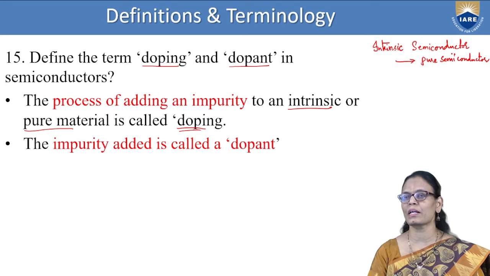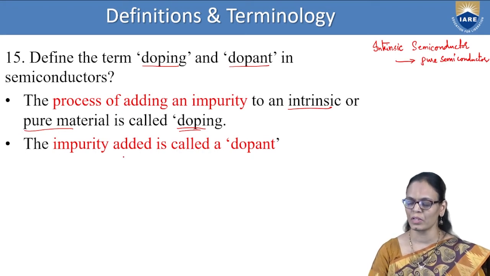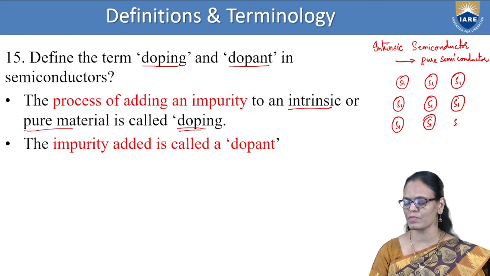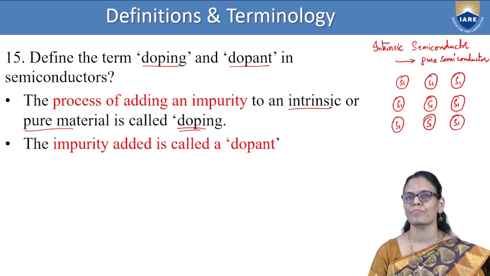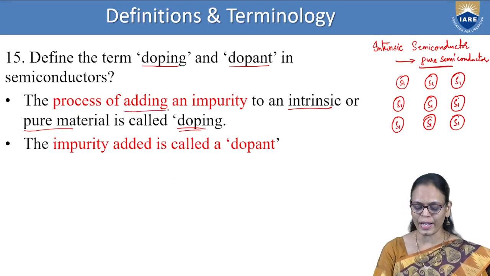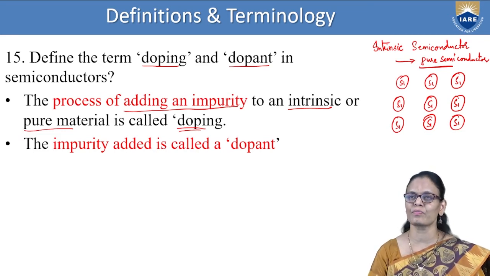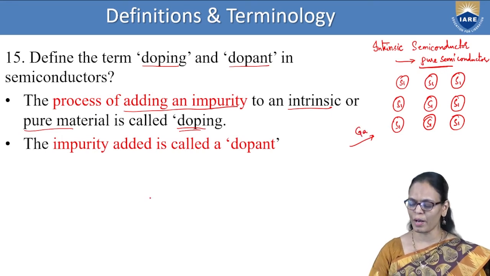So in a pure semiconductor, suppose I take silicon, we will find silicon atoms equally spaced. All atoms are silicon. If you see the crystal arrangement, we will just denote it with 9 atoms of silicon. They are equally spaced. Now this is a pure semiconductor. Now if you are adding an impurity, so if some other element is added to it, for example, I will add gallium to it. So what happens?